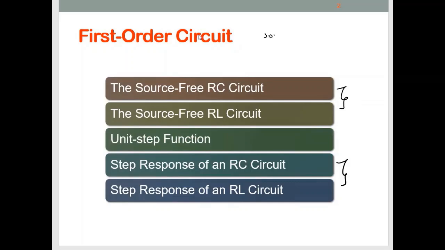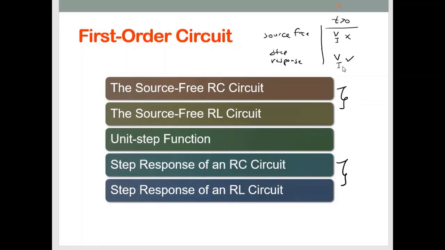In the source free circuit, at t more than 0, the voltage and the current source do not exist. Whereas in the step response circuit, the voltage and the current source can exist.